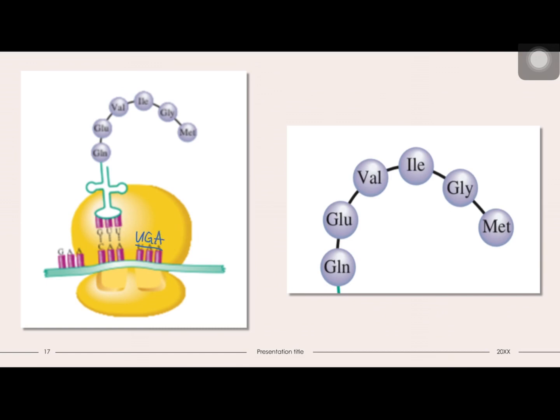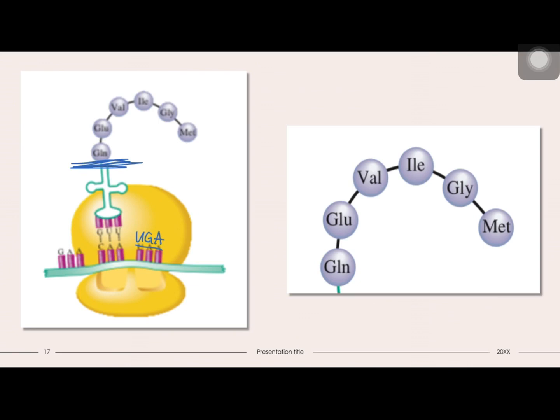For example, if our codon right here is UGA, then the process of elongation will stop.